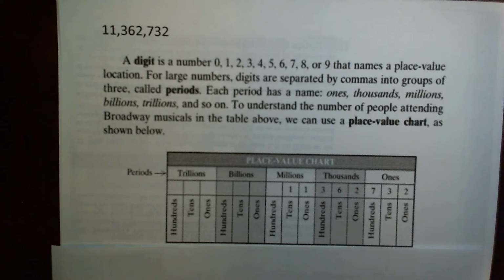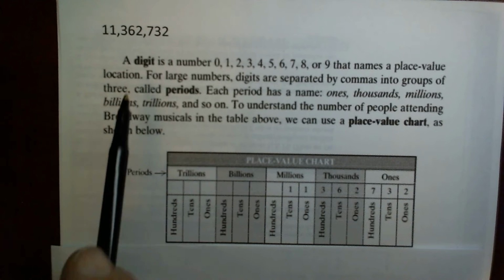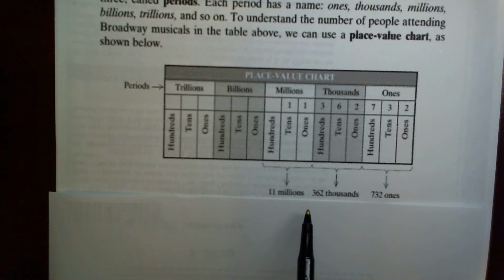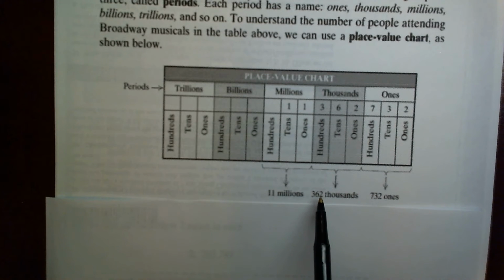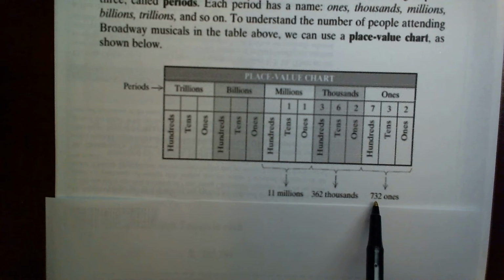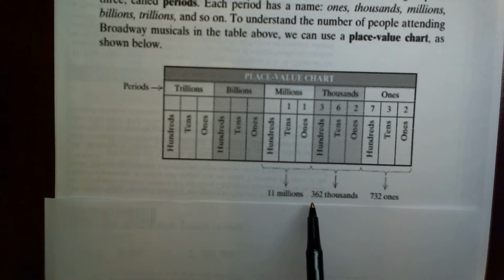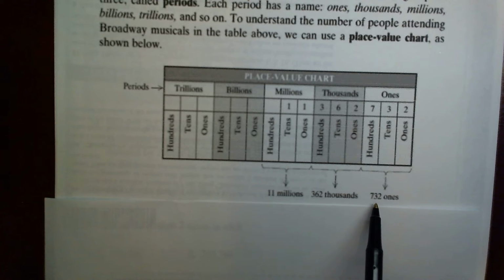So when you look at the number we discussed at the very beginning, we can say that's 11,362,732 ones. We do say 11 millions, but then we typically say 362,732. We don't necessarily use the word ones, but officially that's what it would be.